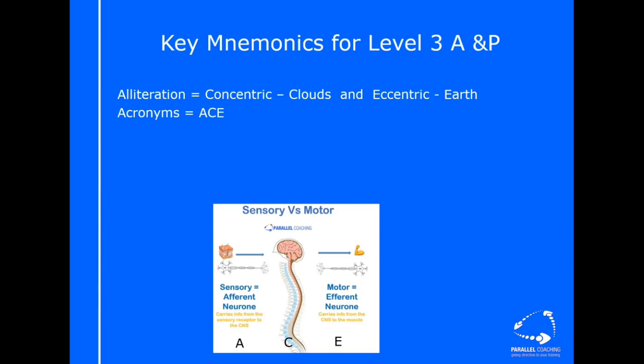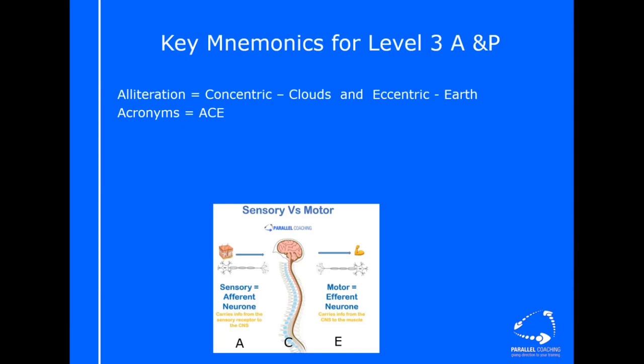So there's a way of remembering the difference between the afferent and the efferent. To start off with, we have A, which stands for afferent. An afferent neuron carries information from the sensory receptor to the central nervous system. Then C in the middle is the central nervous system itself, made up of the brain and spinal cord. And then E is the efferent neuron, and that carries the information from the central nervous system to the muscle that we're talking about.